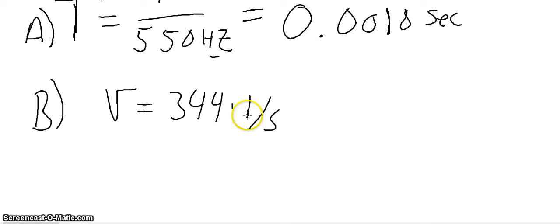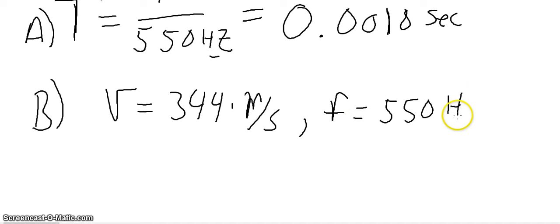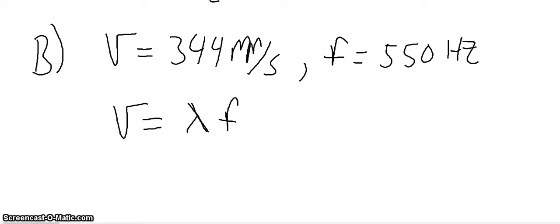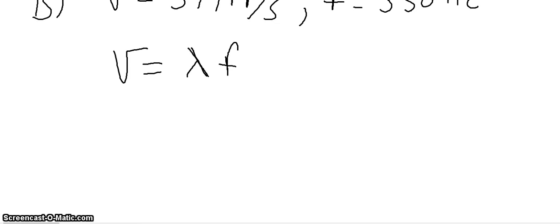And if we go back to the original information, the frequency was 550 hertz. And of course we have this equation, V equals lambda, which is what we're looking for, times the frequency. So we just have to isolate lambda. It's just a little bit of algebra.